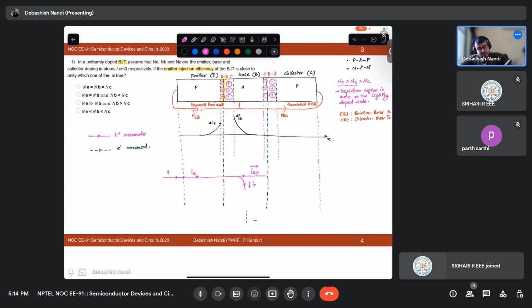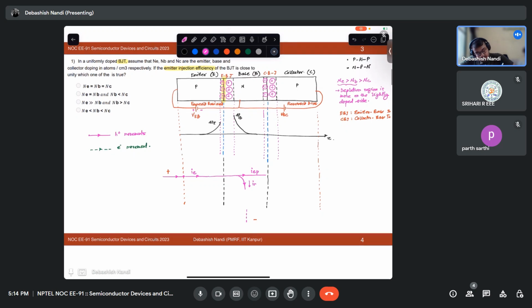This is not a vector, this is just the direction of the current due to holes. Fine, now let us take how the electrons will move. This is your base terminal and this is your emitter terminal. As your base terminal is negatively connected, we can assume that it is injecting some electrons in this direction.